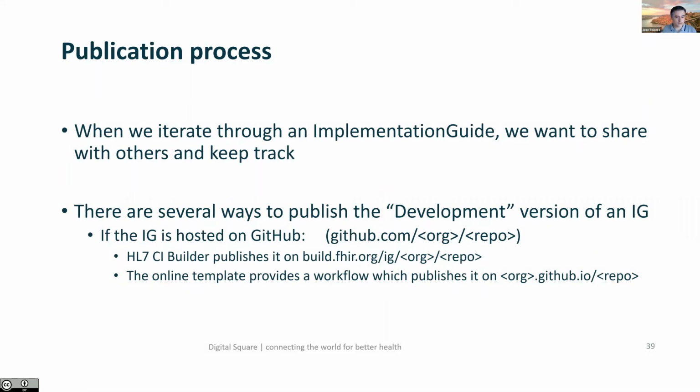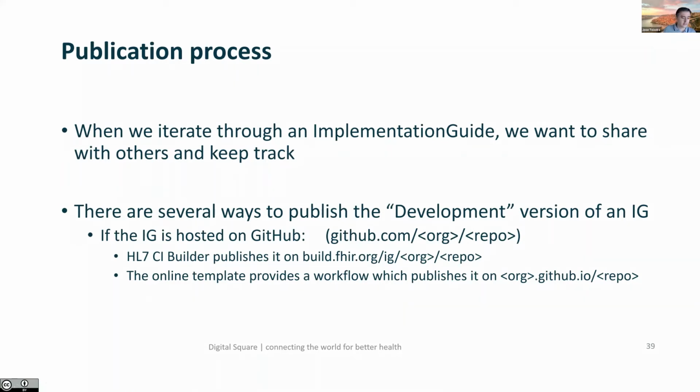There are several ways to do that. Once you create the content, you can publish it, and publish means building and hosting it somewhere. Today we are going to use GitHub hosting, and if you have a repository on github.com/user/repo, then you can set up the HL7 continuous integration builder to publish it on build.fhir.org/ig/ followed by your organization and your repository.